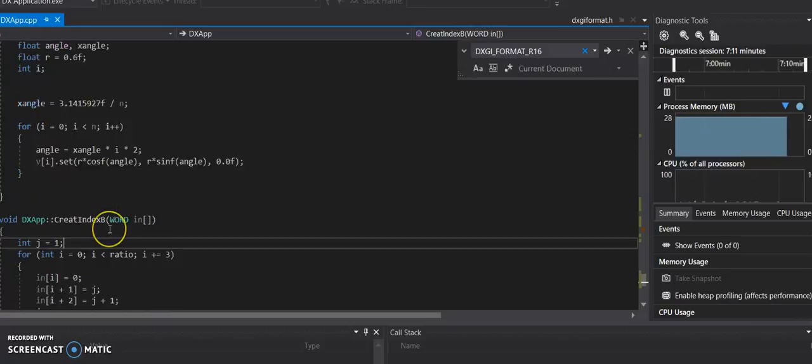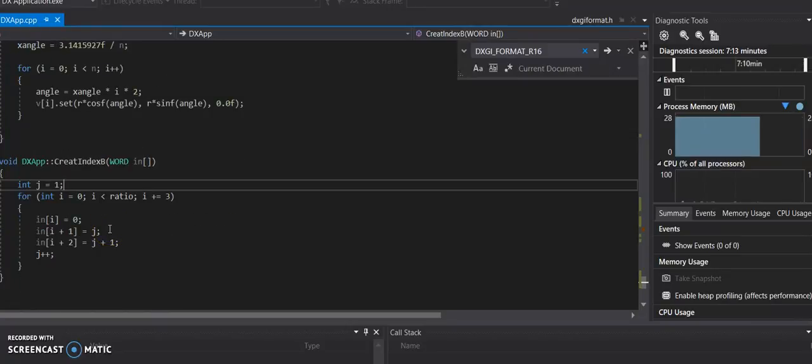And then create index b is to keep the specific triangle formation provided in the demo, such that it has the pattern of 0, 1, 2, 0, 2, 3, 0, 3, 4, and so forth.